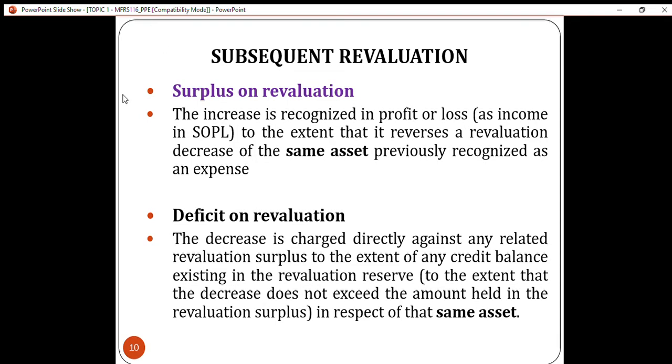When there is a deficit on revaluation, the decrease is charged directly against any related revaluation surplus to the extent of any credit balance existing in the revaluation reserve, to the extent that the decrease does not exceed the amount held in the revaluation surplus in respect of that same asset.